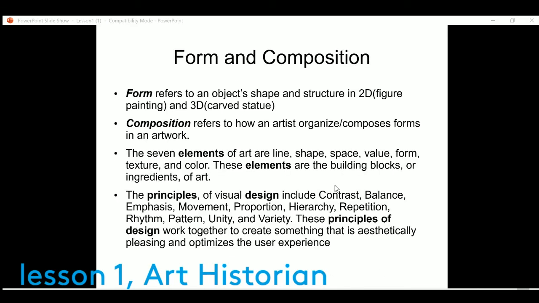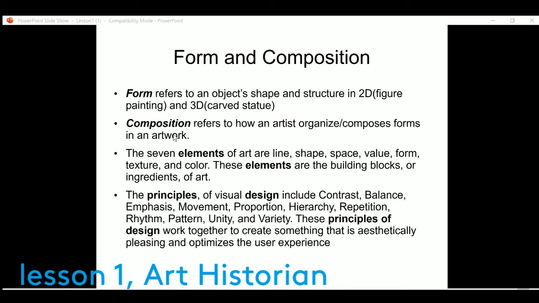Form and composition here refer to the object's shape and structure in 2D, like figure painting, and in 3D. So you must know how to identify this basic 2D and 3D.